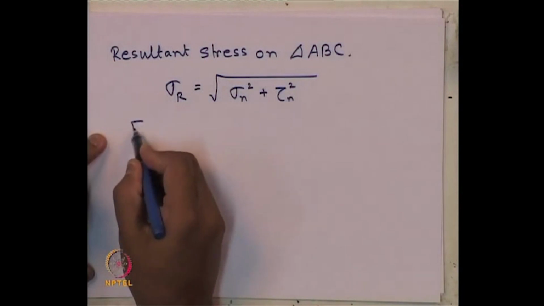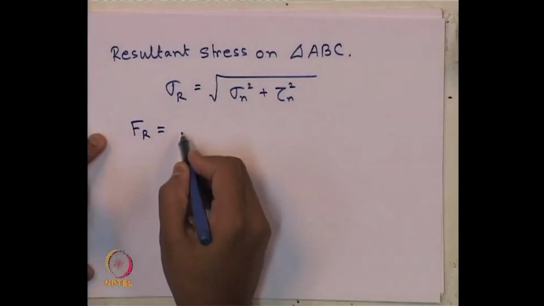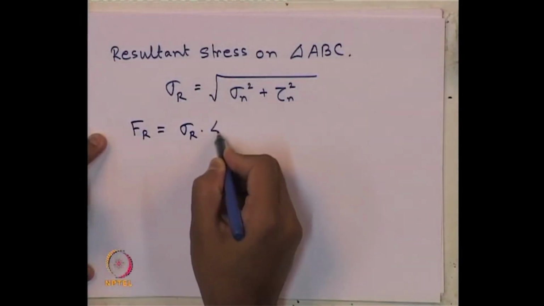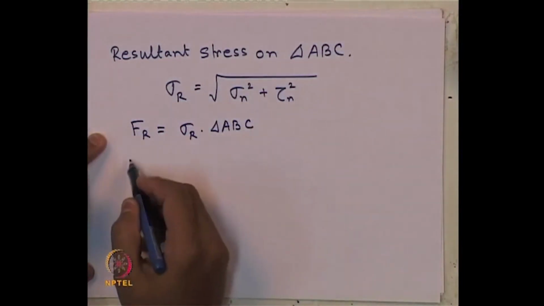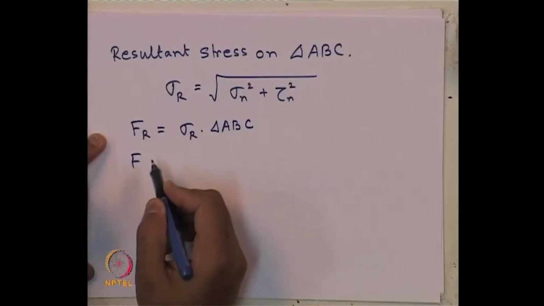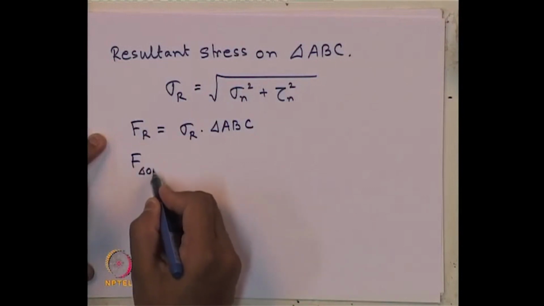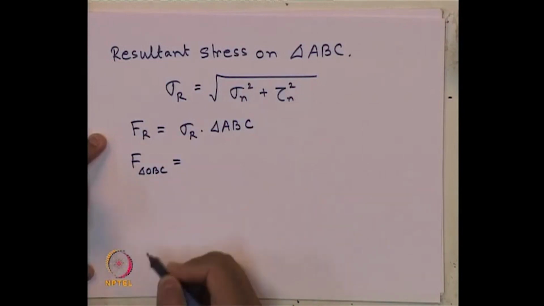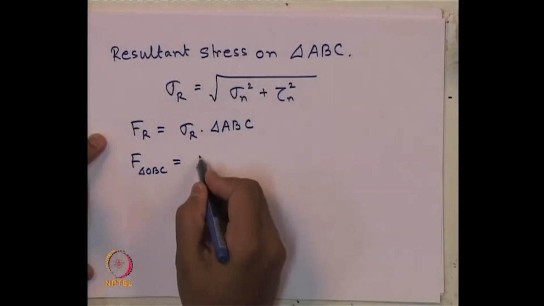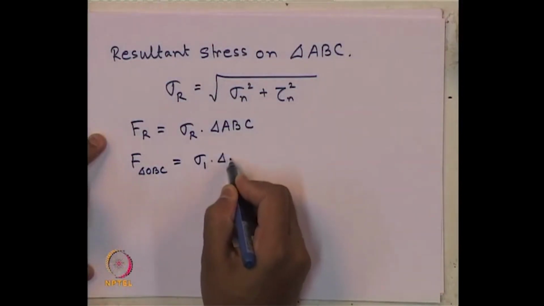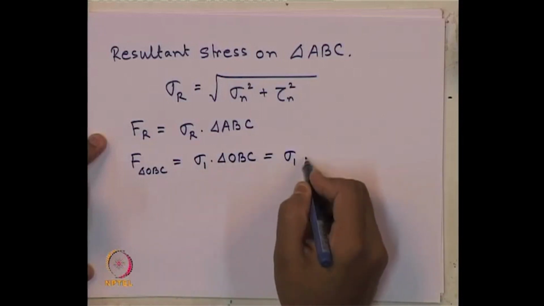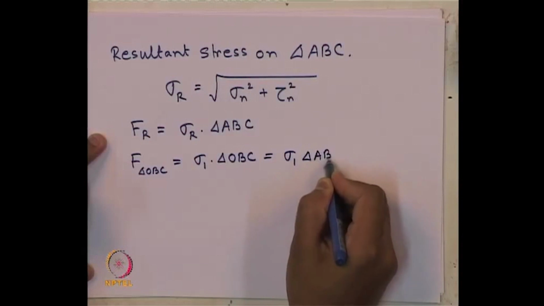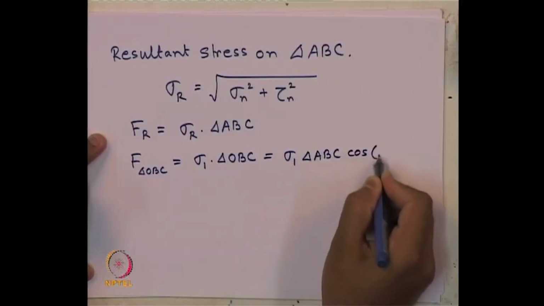And the resultant force F r should be this resultant stress times the area of that plane. Now, what is the force acting on this plane OBC, that is a principal plane? That is sigma 1 times area OBC, which is nothing but sigma 1 ABC cosine n1.